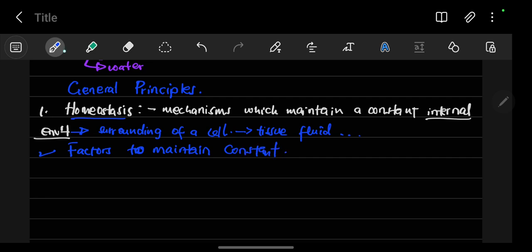What are these factors that we need to maintain constant under homeostasis? We need to maintain chemical composition. So the chemical composition of our internal environment should be constant.